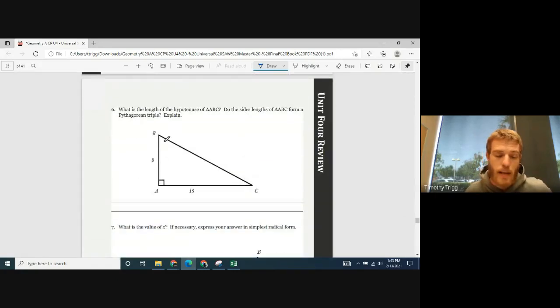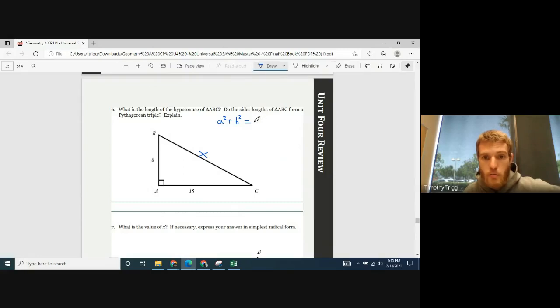So here in this example, we have a right triangle. We have two lengths of this right triangle, and it's asking us to find the hypotenuse, the missing side length BC. Now, how do we find a missing side length on a right triangle? Hopefully you remember that's the Pythagorean theorem: a squared plus b squared equals c squared. Anytime you're missing one side length on a right triangle, you would use this formula.